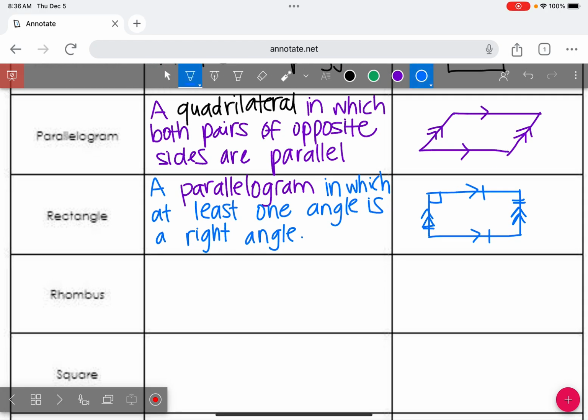A rhombus also belongs to the parallelogram family. So a rhombus is part of the parallelograms. It's a parallelogram in which at least two consecutive sides are congruent.